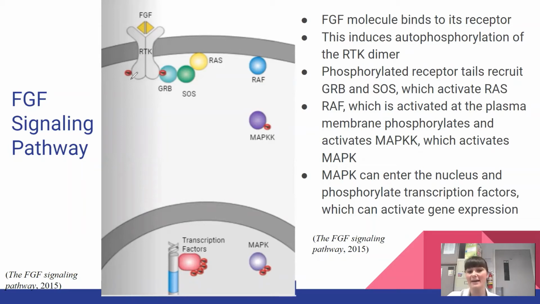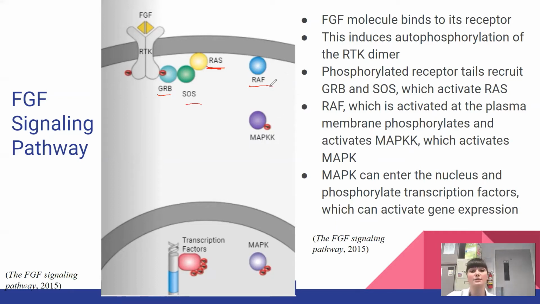After that complex becomes active, those phosphorylated receptor tails are going to recruit a couple of relay proteins, GRB and SOS, which are going to activate the RAS molecule, and then eventually the RAF molecule, which is activated at that plasma membrane.